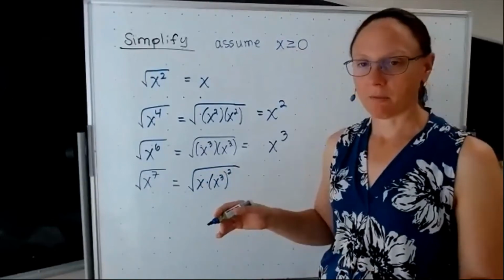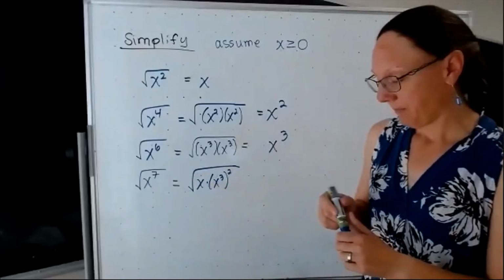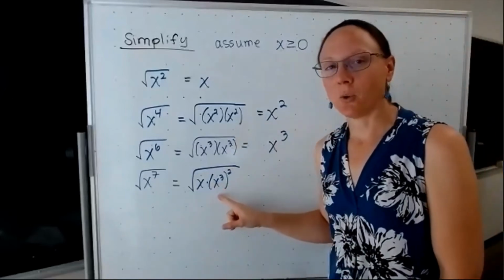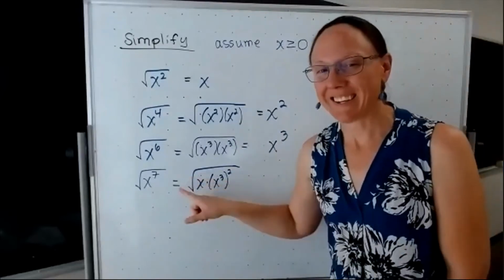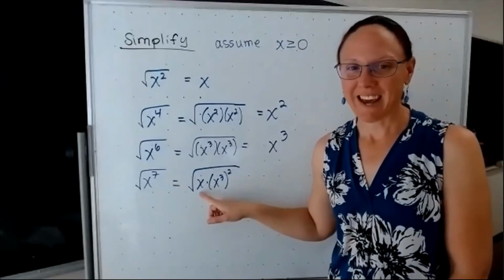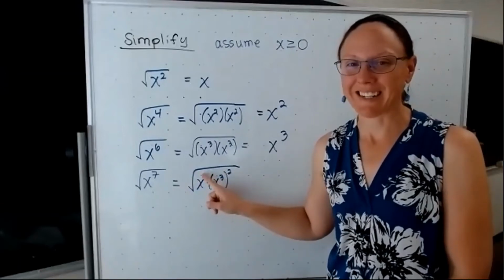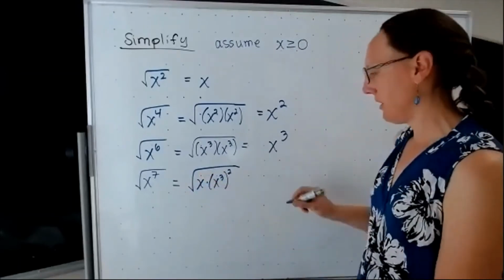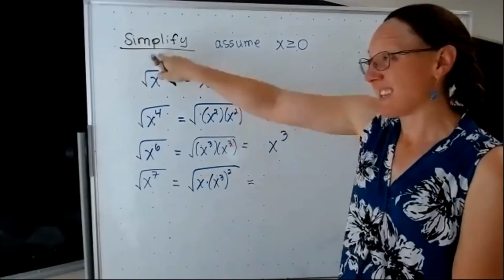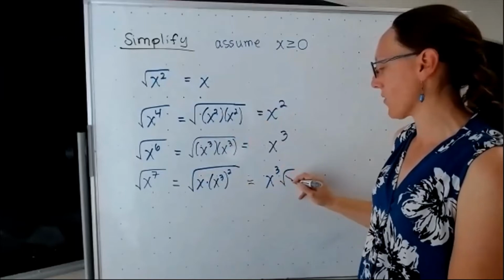I know I'm changing it up, writing things different ways. Hopefully something will click. Well, that means that this x cubed, because it's squared, can escape the radical. But this x can't escape my radical because it would need an even exponent. This simplified would look like x cubed times the square root of x.